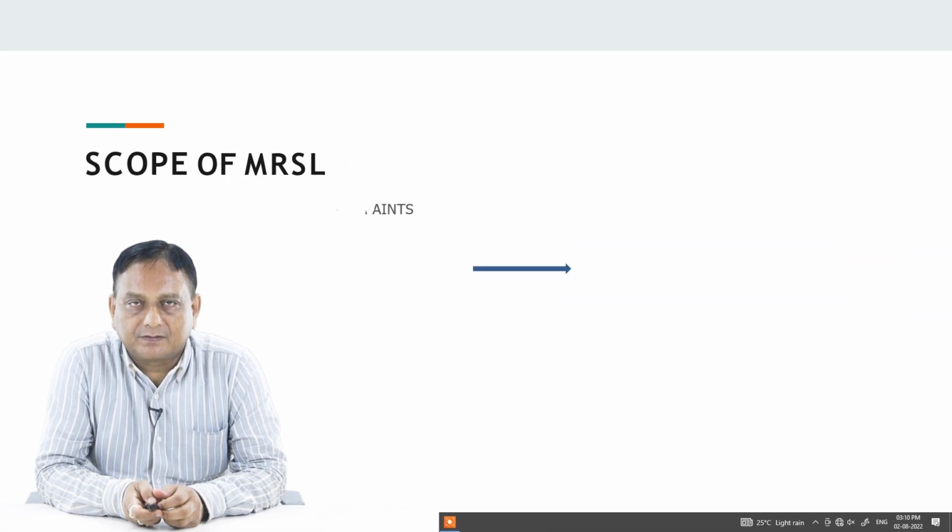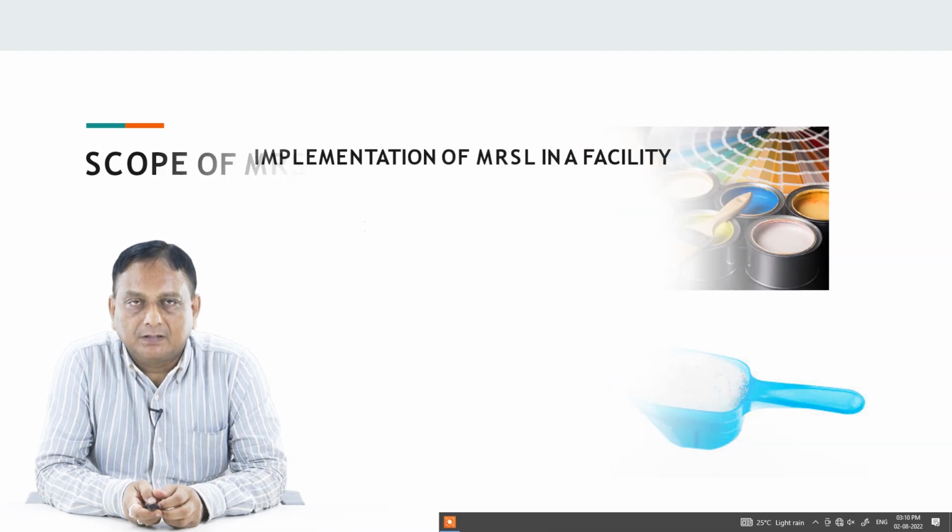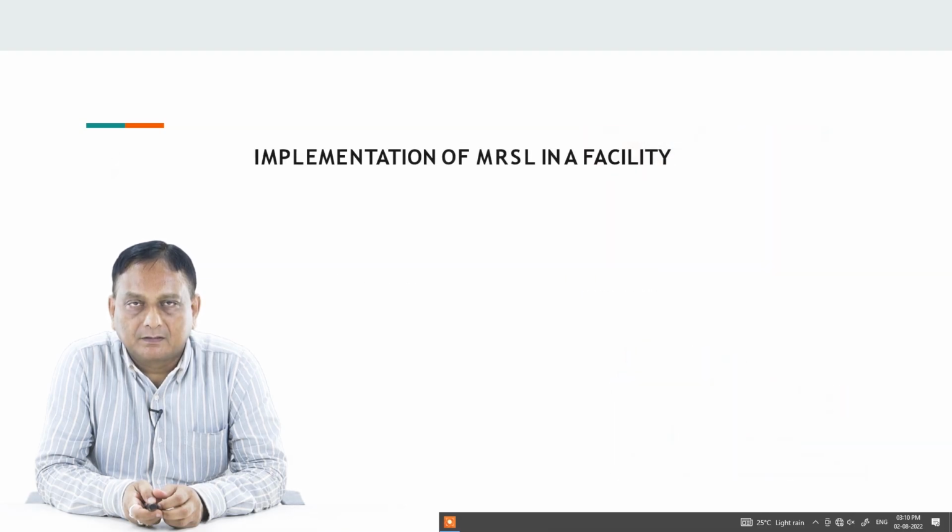These are the processes in which they can be used, because ultimately it goes into the discharge effluent. Paints, inks, different detergents, dyes, etc., then pigments. So everywhere there is scope for MRSL. So we have to look at the contaminants in these different chemicals.